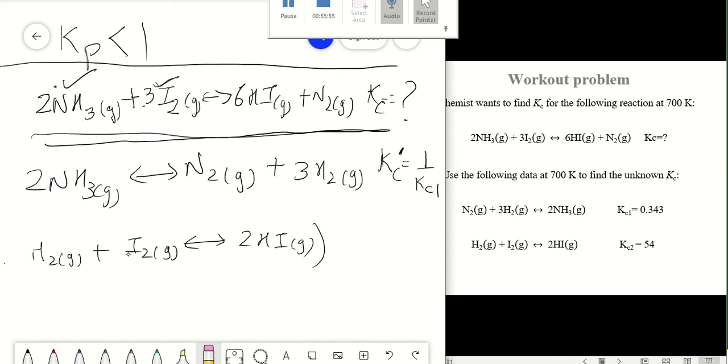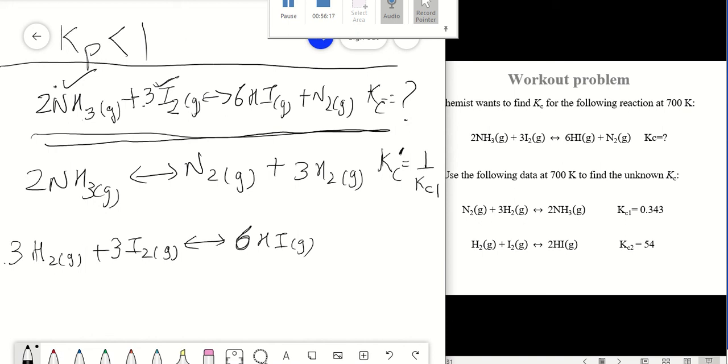So let me rewrite this in that case. If I multiply this reaction by 3, that makes hydrogen 3 H2, plus 3I2 gives me, instead of 2, it's going to be multiplied by 3, so that gives me 6HI, right?